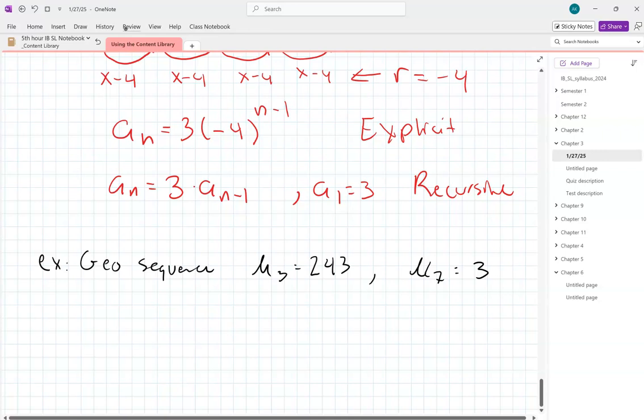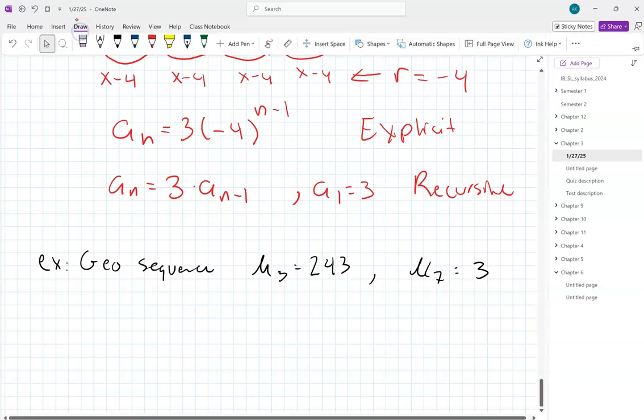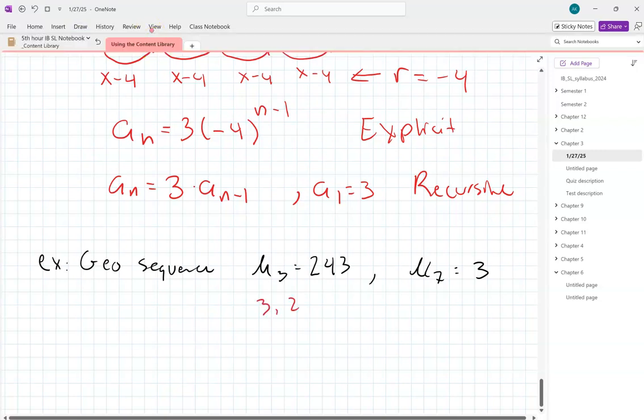This is the hardest situation to deal with. So the way you would do this is, again, we're going to think about these as points.